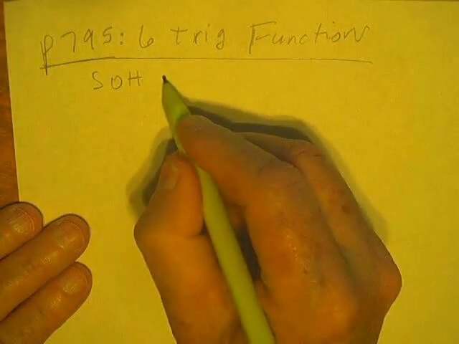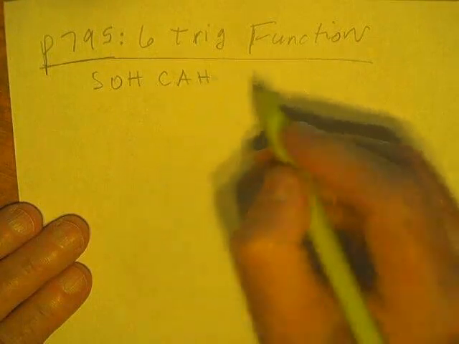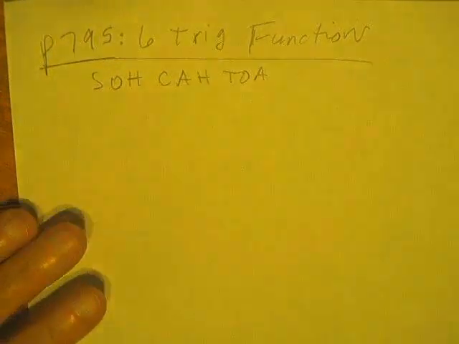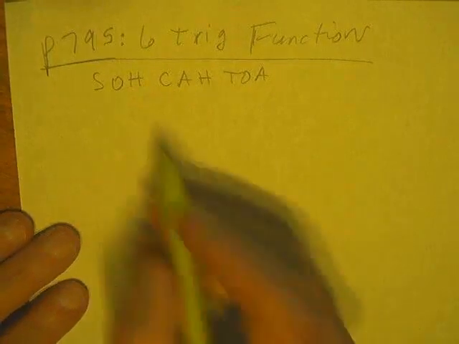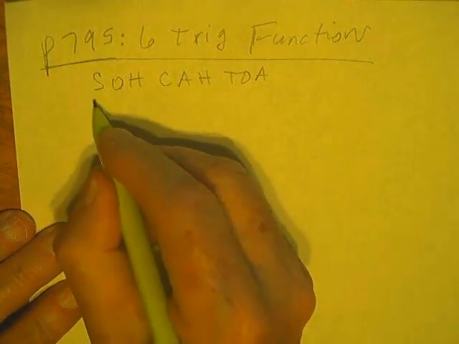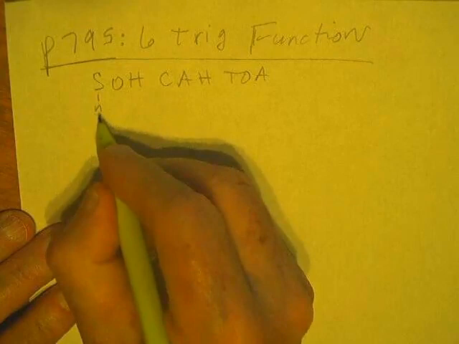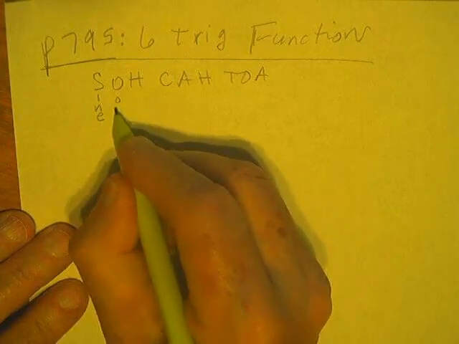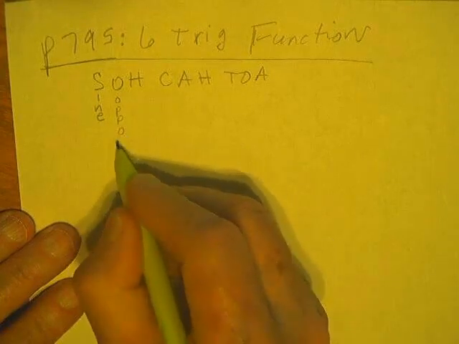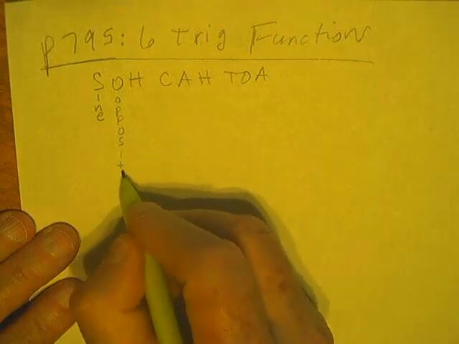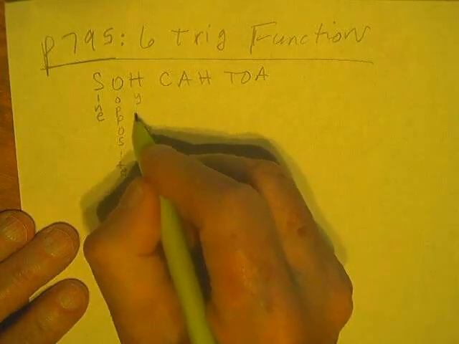Well, you more than likely remember from your geometry class, SOH CAH TOA right here. This stands for sine of opposite over hypotenuse.